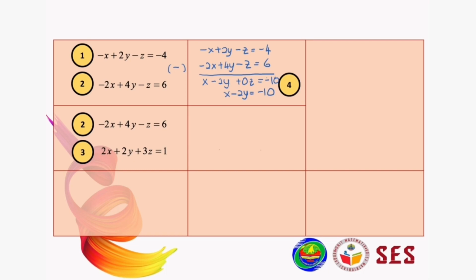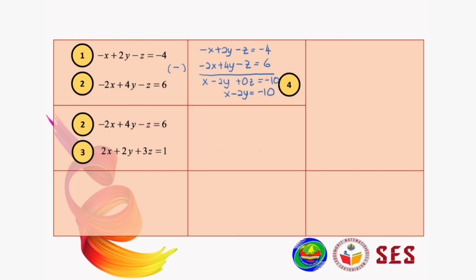Next, we will reduce equation 2 and equation 3 to form equation number 5. Please take note that if the previous pair we remove z, then in this pair we will also need to remove z. Remove the same variable for both pairs of equations.